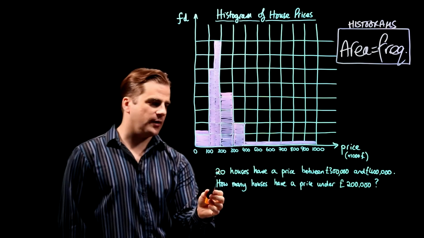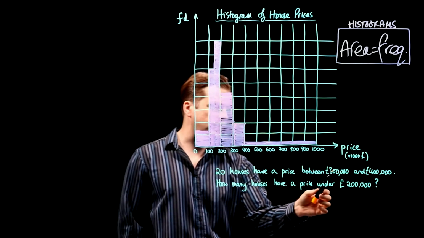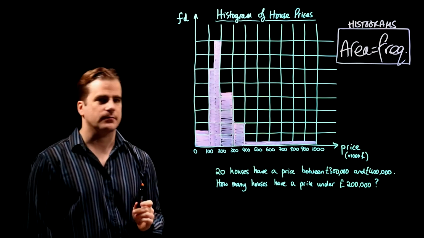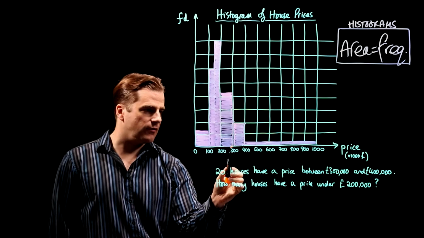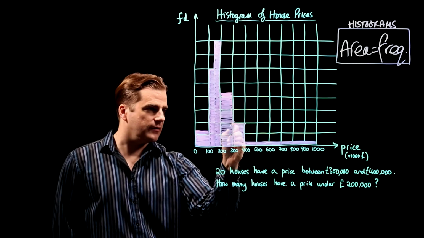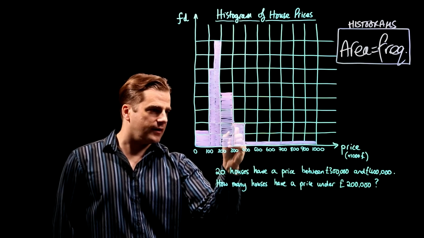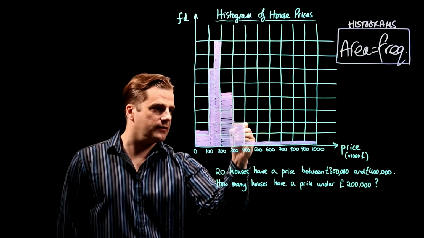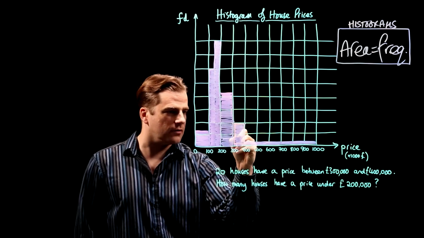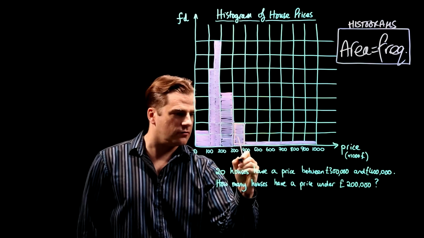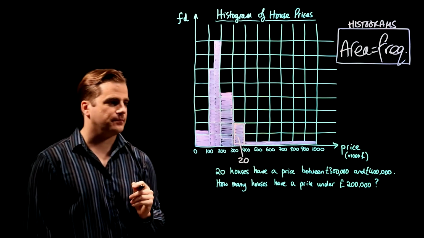We've been told that 20 houses have a price between 300 and 400,000. So here's our price between 300 and 400,000. That box there corresponds to 20 houses.